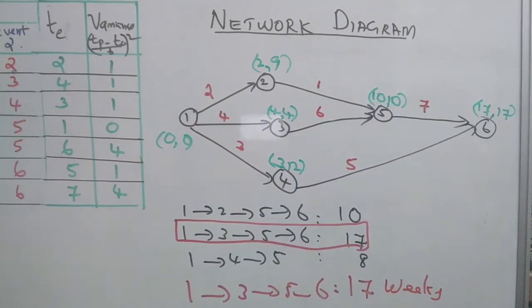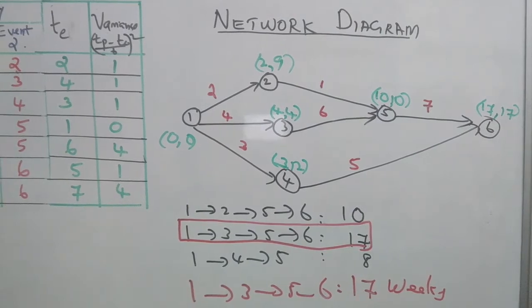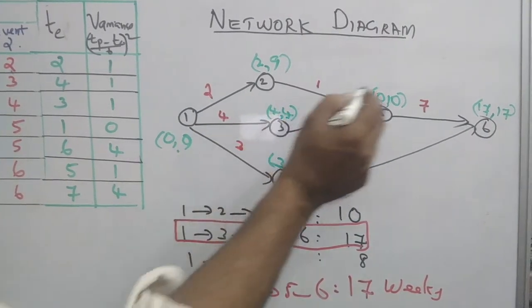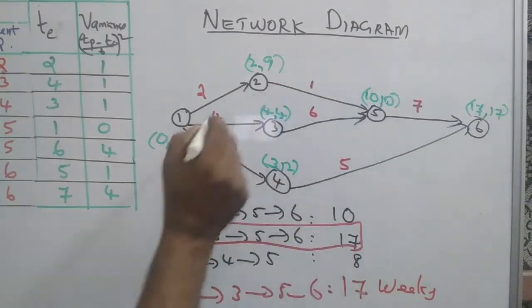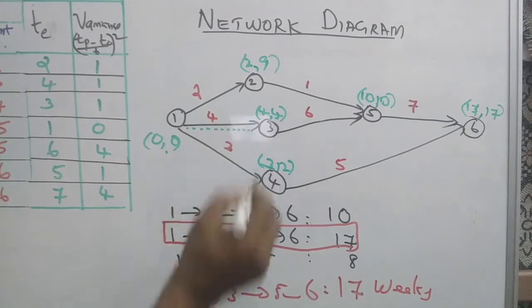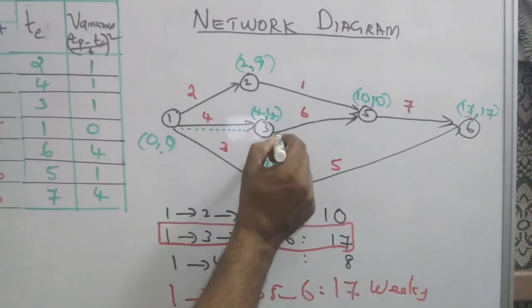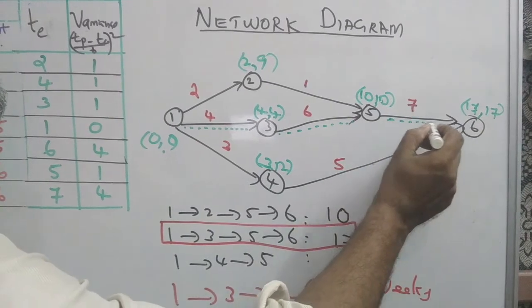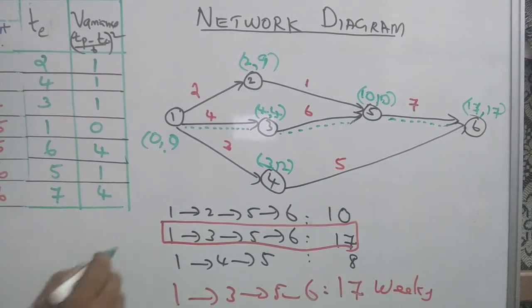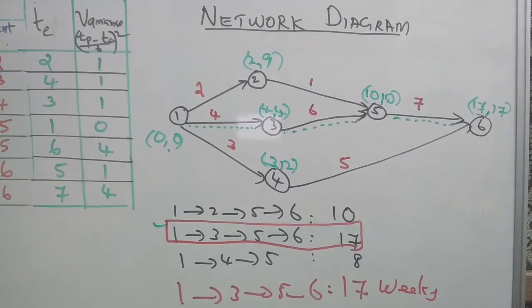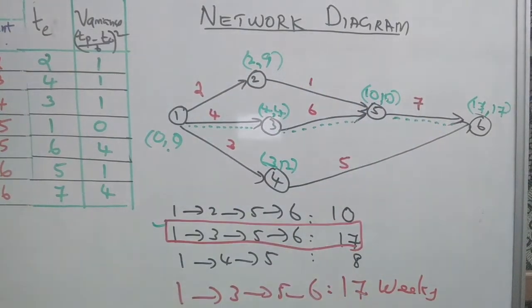We consider the difference between forward and backward as 0, 0, 0, 0. Therefore, the critical path is 1 to 3, 3 to 5, 5 to 6, and the duration is 17.